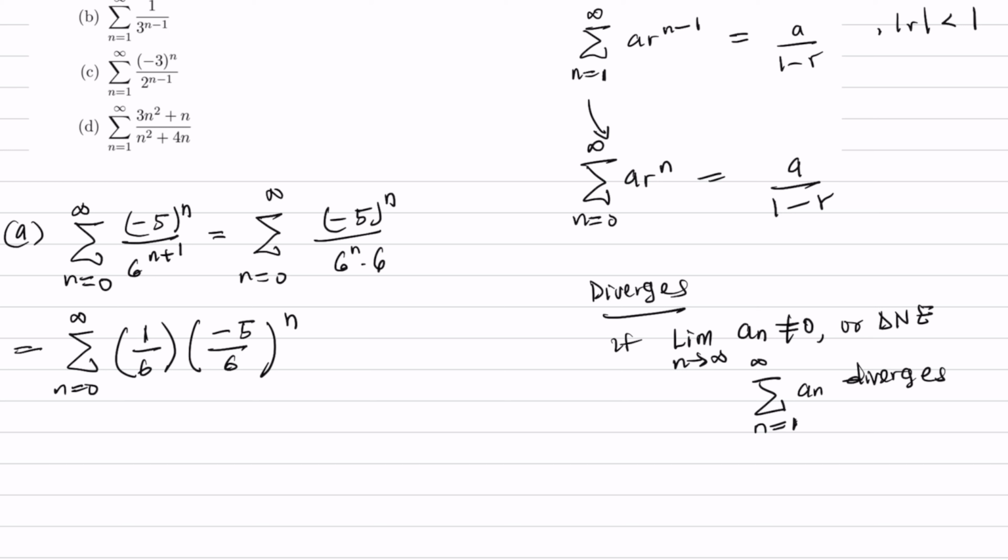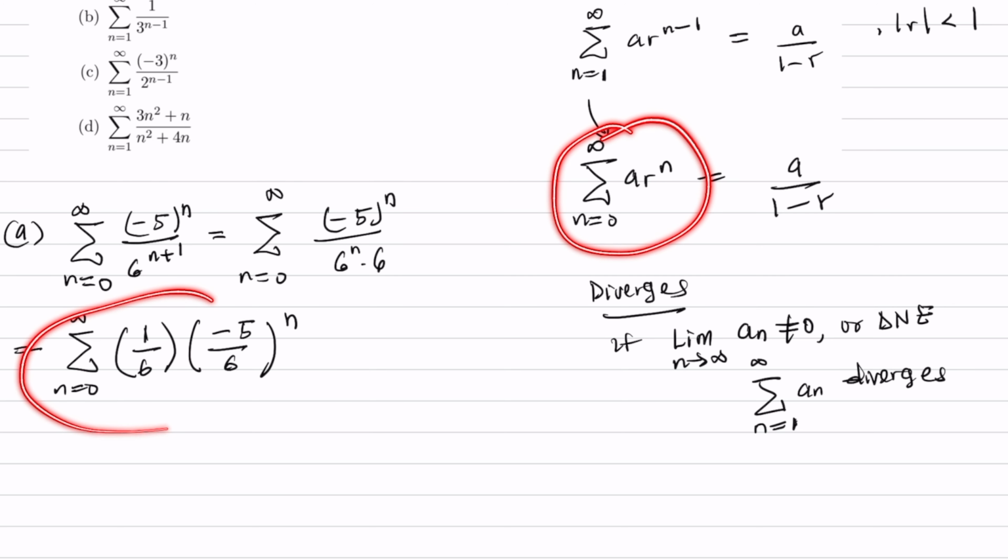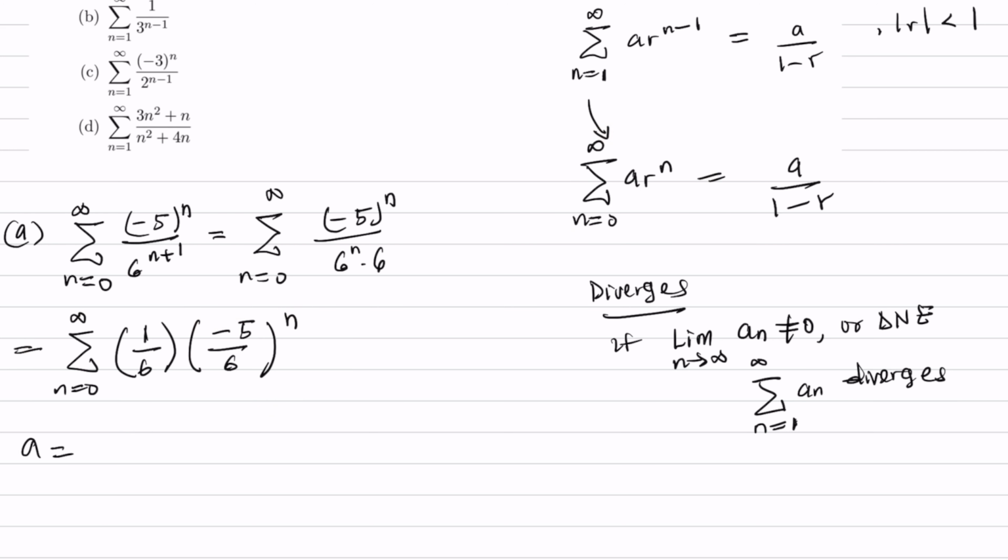Now you can see that this expression looks so much like this expression. How? My a is 1 over 6, and take your r to be negative 5 over 6. Make sense? Now, the question is: does this series converge?